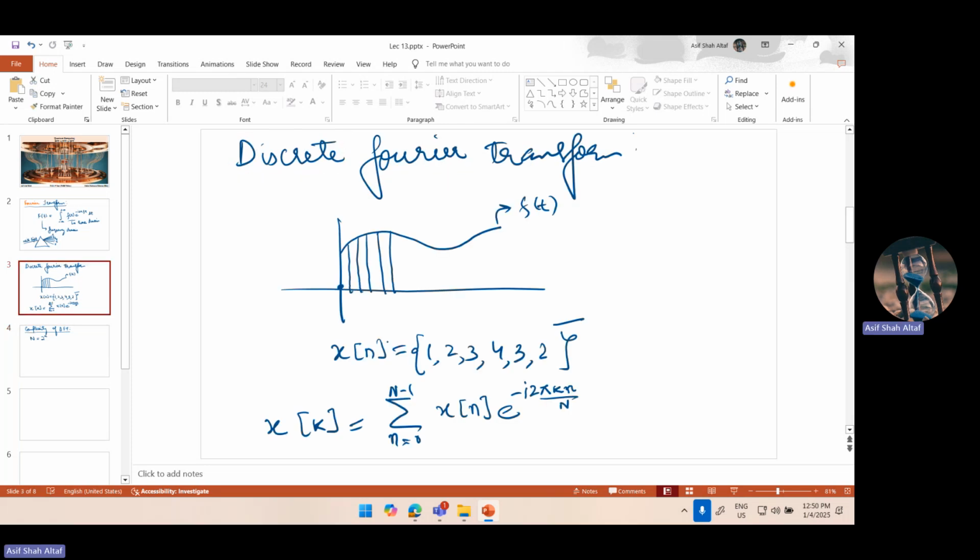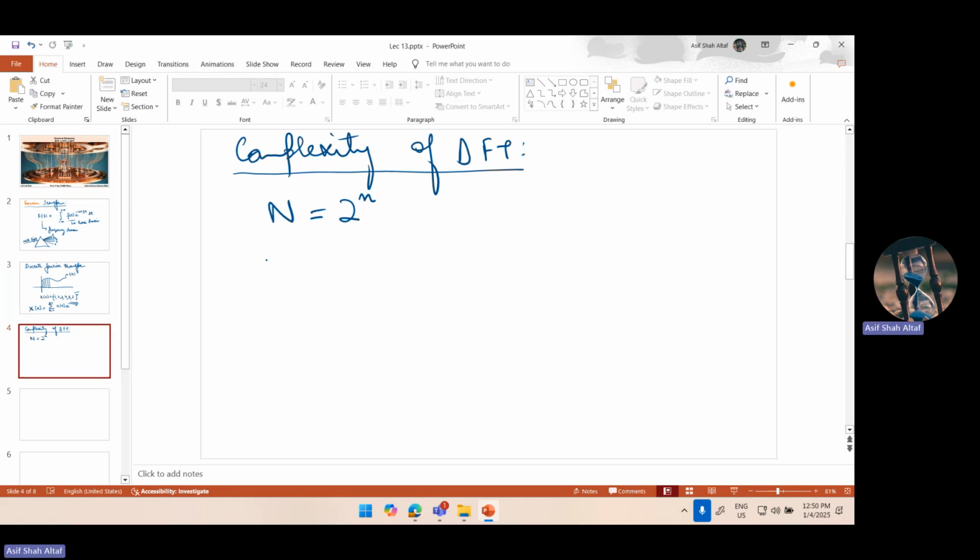Then if you take a look at the mathematical form here, say we are calculating X of 0. I should write this one as a capital X to distinguish it from the small x. So for X of 0, you will require N multiplications.